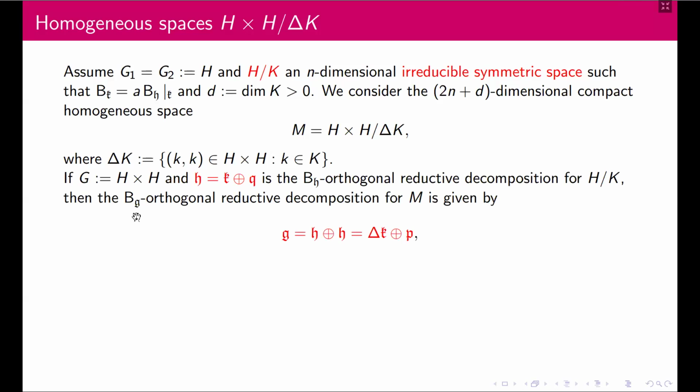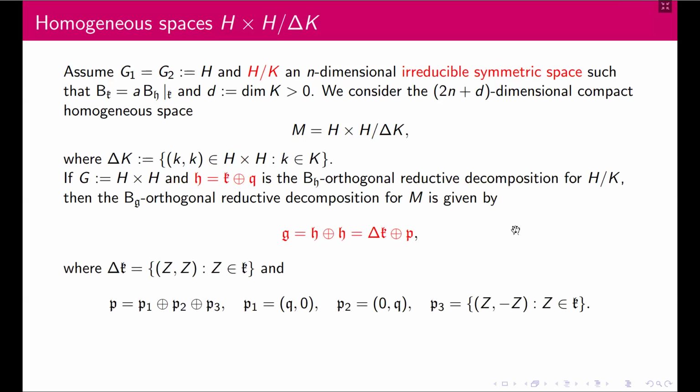So the reductive decomposition of M, orthogonal with respect to the Killing form of G, is given by delta K plus P, where delta K is the diagonal with respect to the Killing form, and P is decomposed as before in K-invariant subspaces P1 and P2, which are related to the reductive decomposition of H. And P3 is given by this equation.